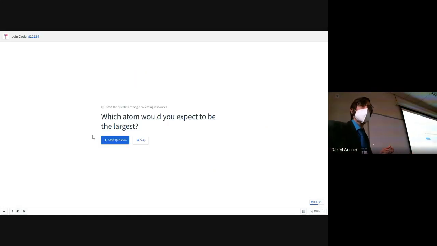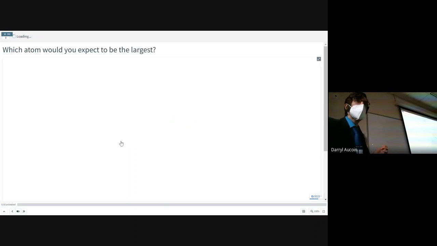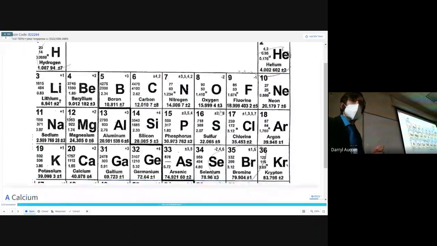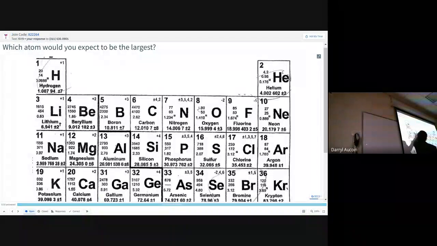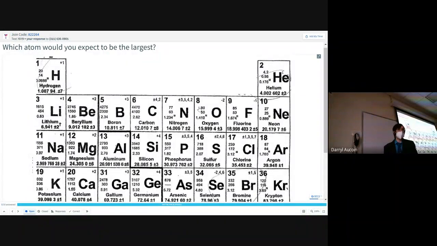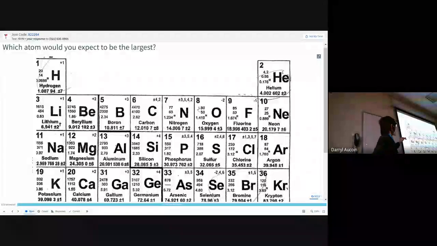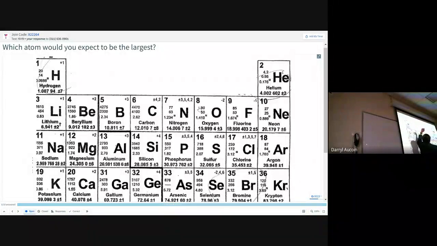Oh, here we go. So this is just a little practice, and we've got a nice little periodic table here. We cut out the middle part, but the trends would still work, right? If you look across, hydrogen is bigger than helium because hydrogen is further to the right. Hydrogen is smaller than lithium.